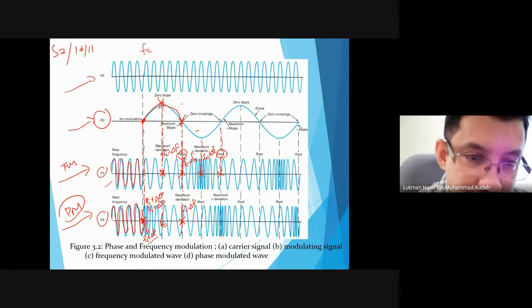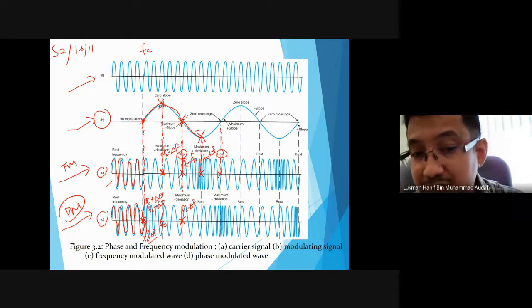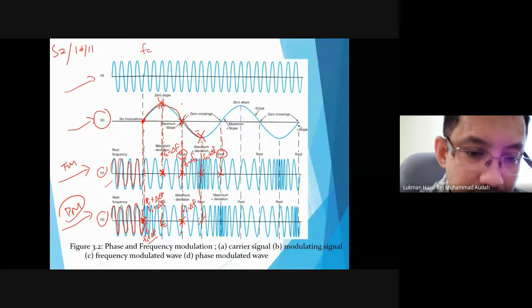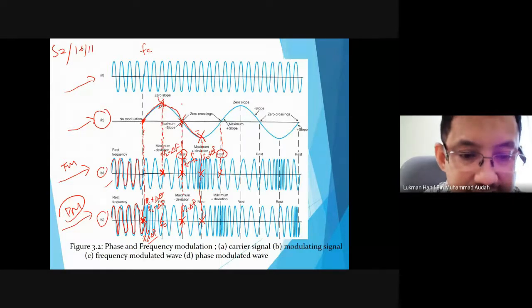And then what? VMT moves again towards negative maximum. VMT berubah menjadi negative maximum. So what happened at the output for PM? You see that here, the frequency here is at rest, FC.